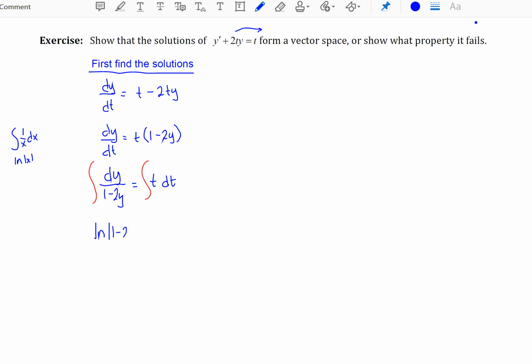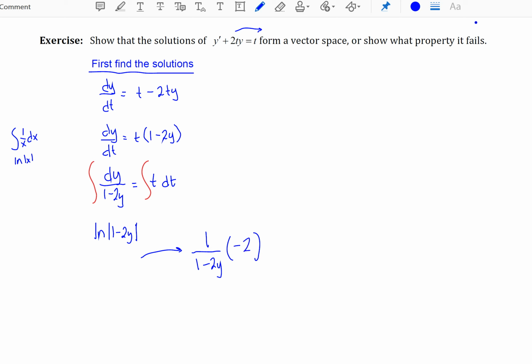And then let's check if my answer's right by checking my derivative. I'm going to erase this, but just to show my work, I'm going to say the derivative of natural log of anything is 1 over the anything times, by the chain rule, the derivative of the anything, which is -2.